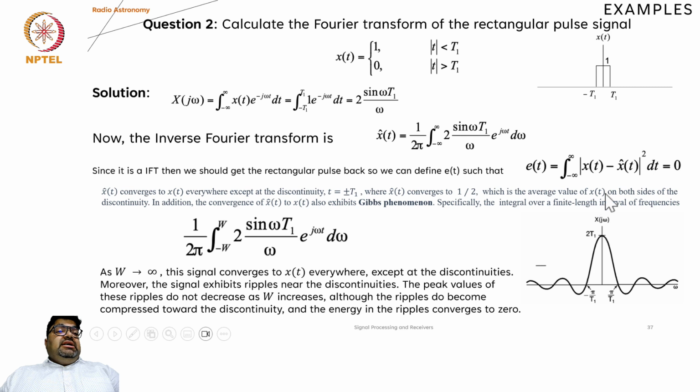If you go back and forth, you see there's an abrupt change in the function caused by this truncation. So there's something called the Gibbs phenomenon, which gives rise to these alternating sinusoids, which extend to infinity. Hence it gives rise to this sinc kind of function.